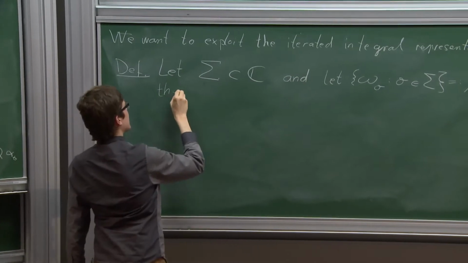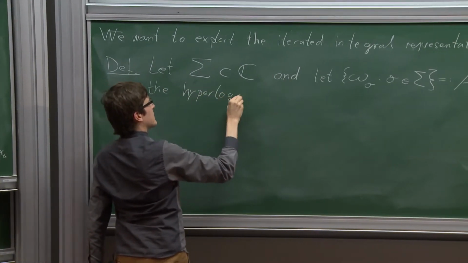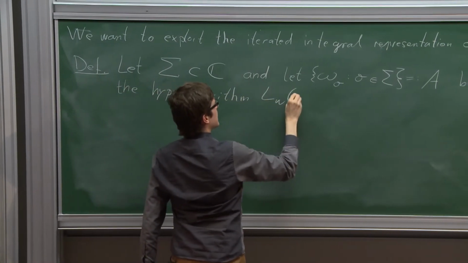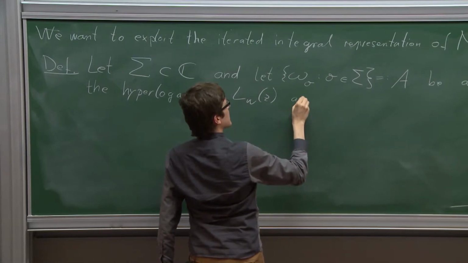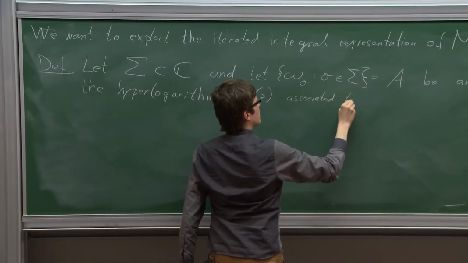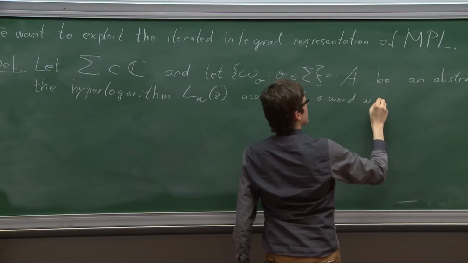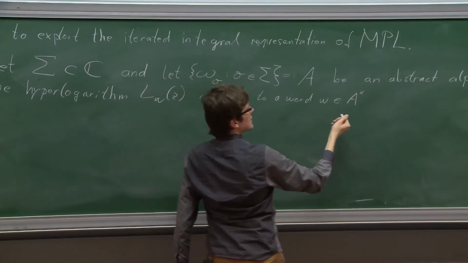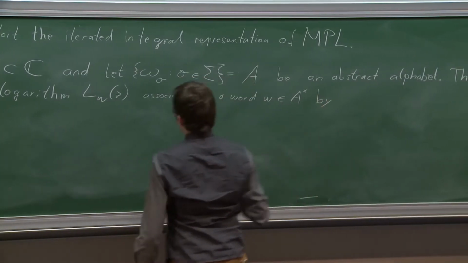Then we define the hyperlogarithm L_W of Z associated to a word W in A star. So W is just a sequence of these letters, defined by the following rules.